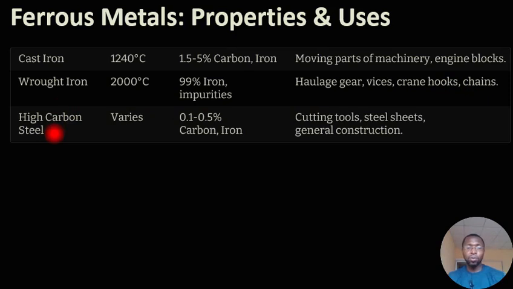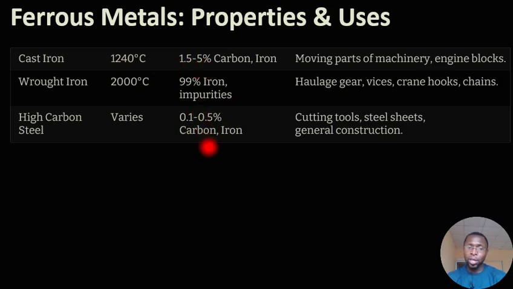And the last, or one of the examples of the ferrous metal, is the high carbon steel. The high carbon steel does not have a fixed melting point. It varies. It can be 1000, it can be 2000. So it varies depending on the combination of the content inside, the combination of carbon and iron in it. So it has 0.5% of carbon, unlike the cast iron that has 1.5 to 5% of carbon.